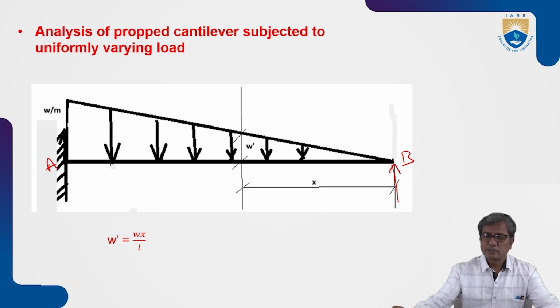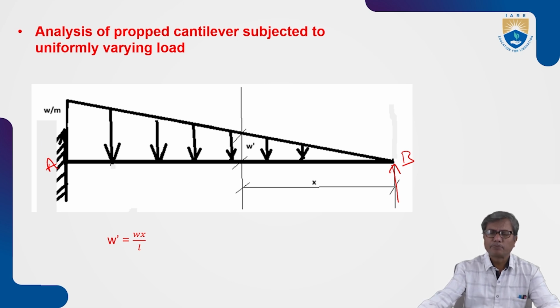In this case, I think we have discussed the case of point load, central point load. Now, we have the case of uniformly varying load with intensity 0 at the free end and maximum W at the fixed end.